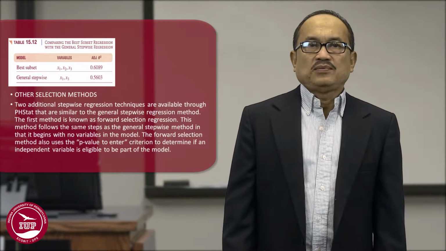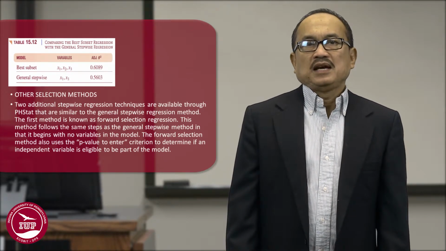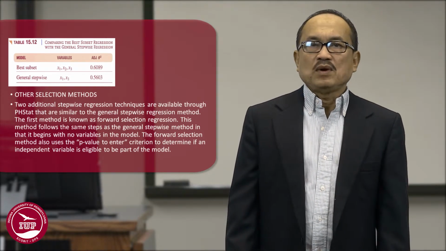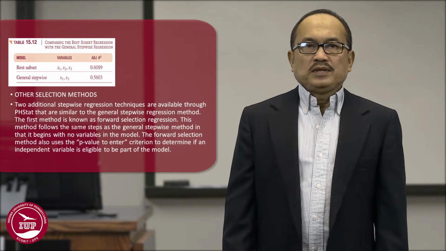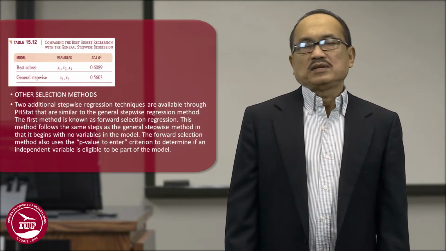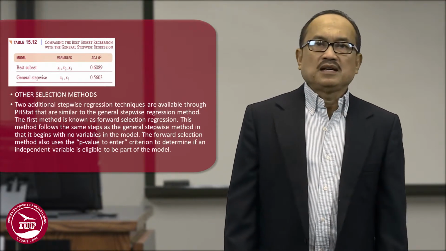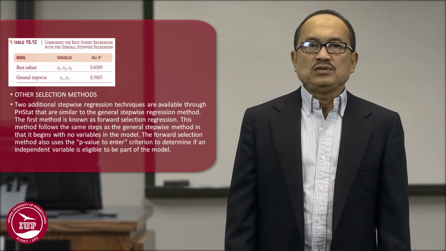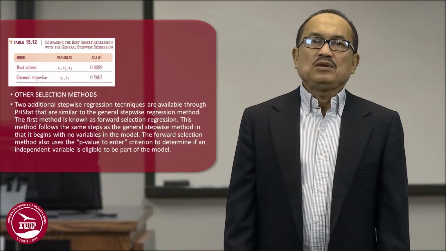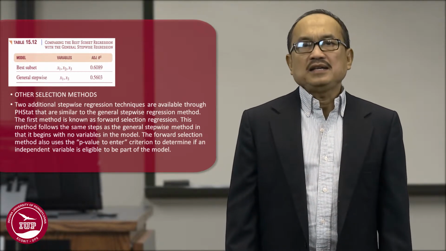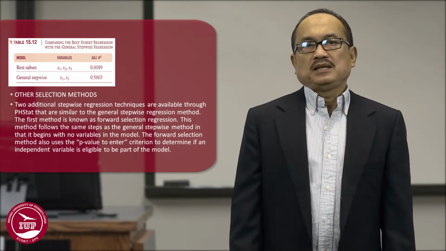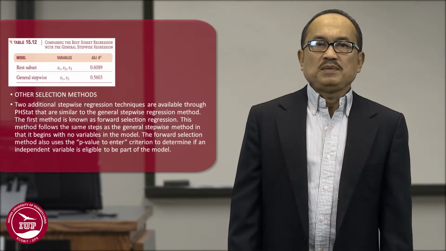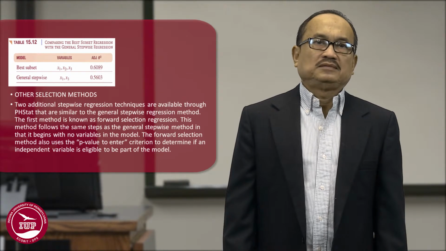This method follows the same steps as the general stepwise method in that it begins with no variables in the model. The forward selection method also uses the p-value to enter criterion to determine if an independent variable is eligible to be part of the model.